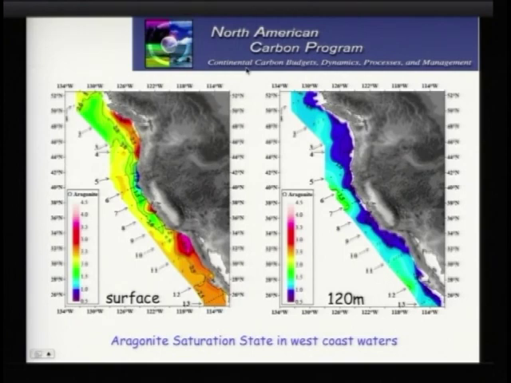And so we mapped this out at the surface and at 120 meters. And you see at 120 meters, this corrosive water is everywhere we looked, from Canada to Mexico, and probably proceeds all the way down to South America. And we can see evidence of this in the surface waters in the blue areas you see there upwelling on our continental shelf.